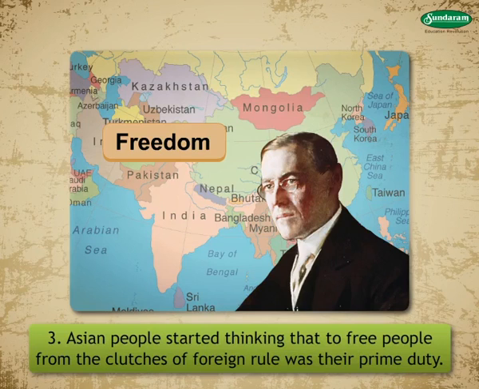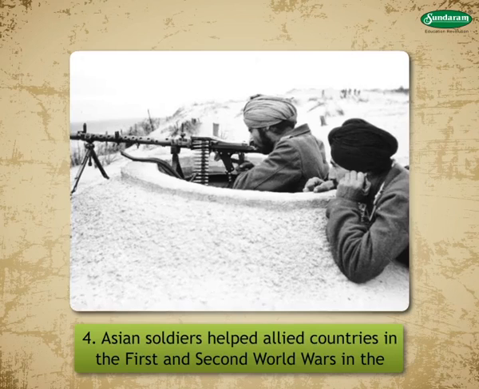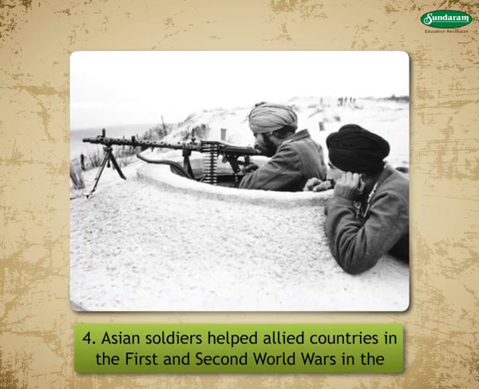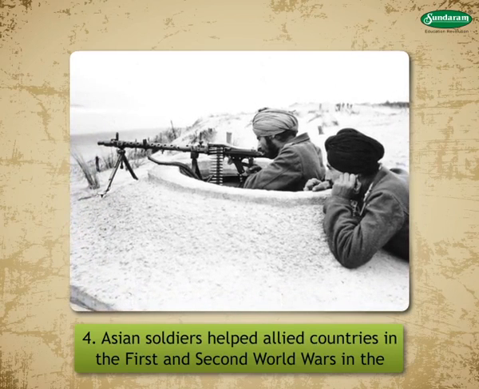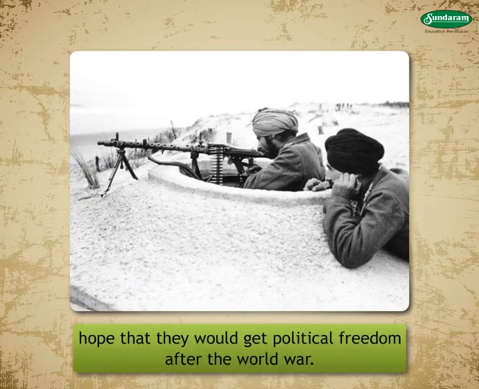Asian people started thinking that to free people from the clutches of foreign rule was their prime duty. 4. Asian soldiers helped Allied countries in the First and Second World Wars in the hope that they would get political freedom after the World War.